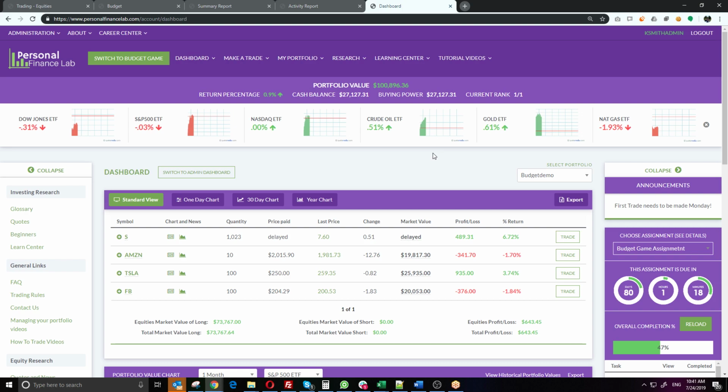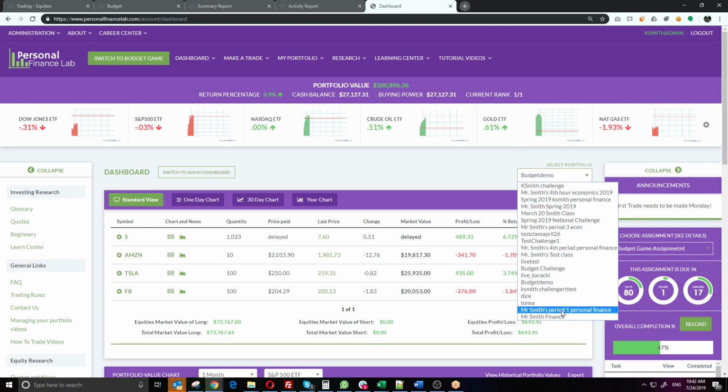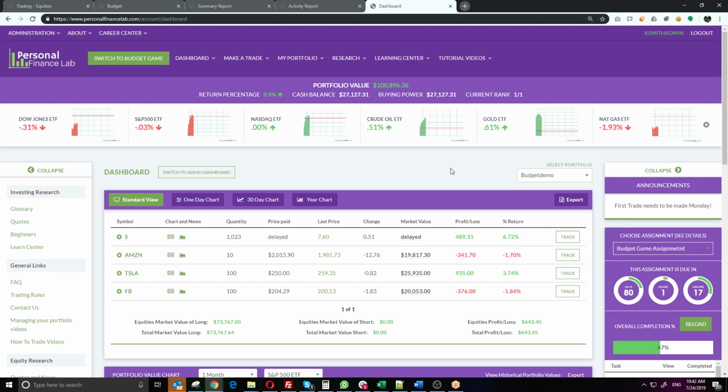They create their username and password in the first class they join. If they're in multiple classes, every time they click one of those registration links when they're logged in, it's going to add that class to their account. So this select portfolio thing I have here is actually all the different classes that I've joined. These are a bunch of test classes and ones I've done for demos. So there's no limit to how many classes a student can be maintaining at once.